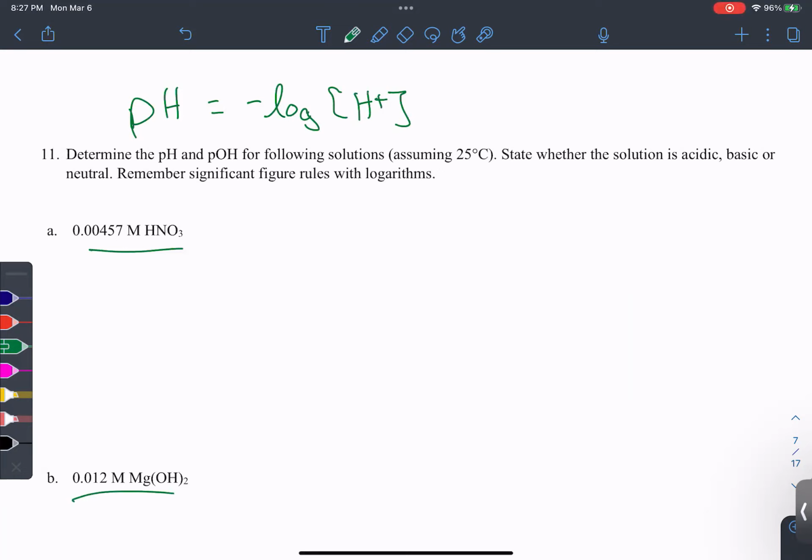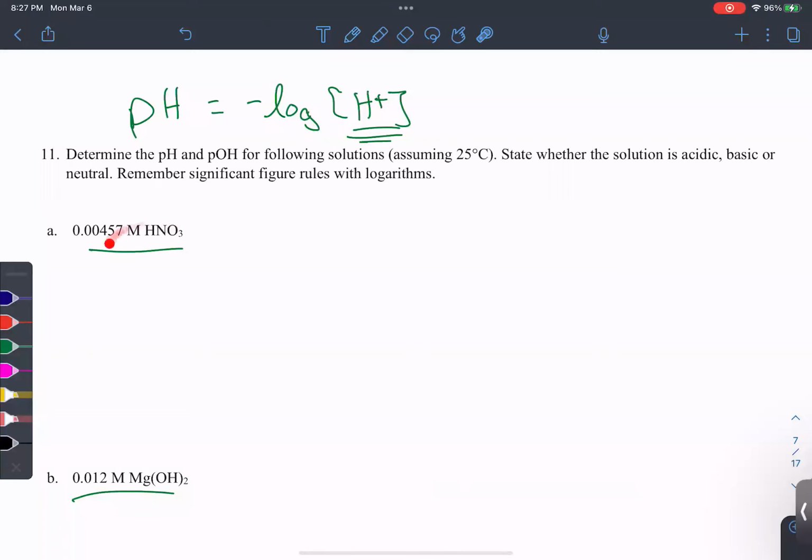They're strong acids and bases, and so we can make an approximation where the analytical concentration of the strong acids and strong bases is what tells me what the H plus or OH minus concentration is at equilibrium. So basically these concentrations just go straight into the pH calculation.